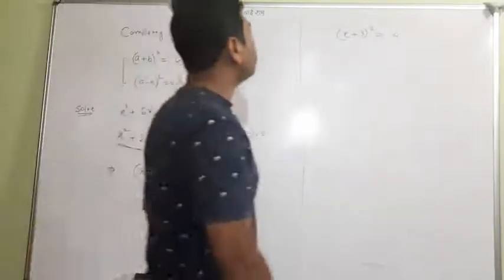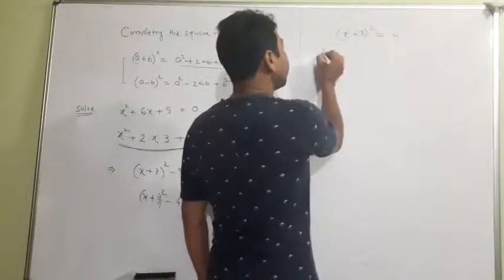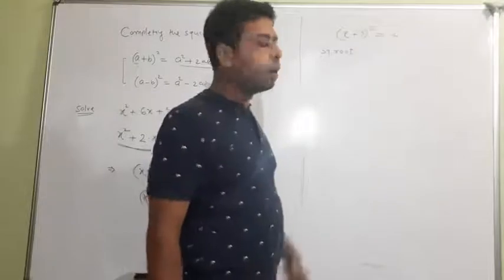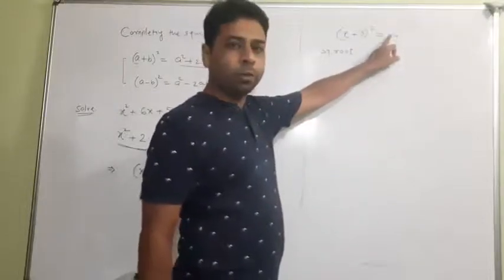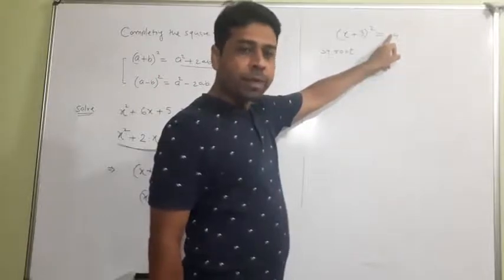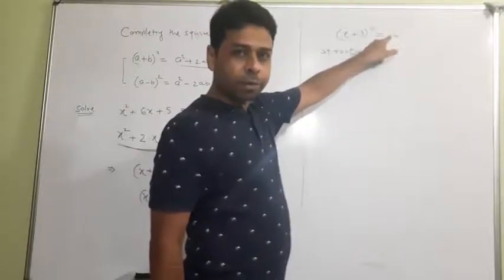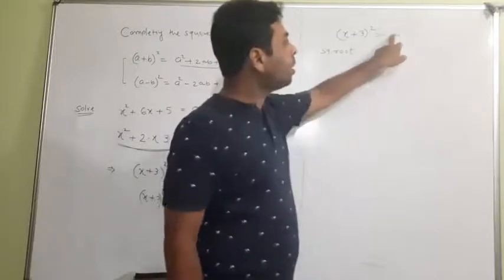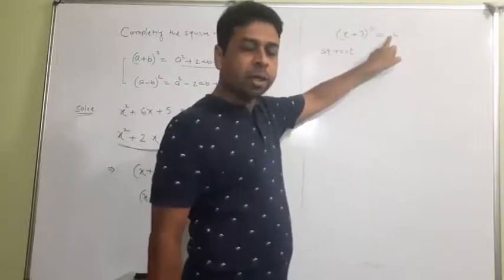So how can we find 2 values? We just take a square root. A very important thing I am telling you. Here 4 is a positive value. It may be a negative value. Whenever this value is negative, the answer will not exist. I will tell you further, don't worry. But it is positive and it is in our favor.